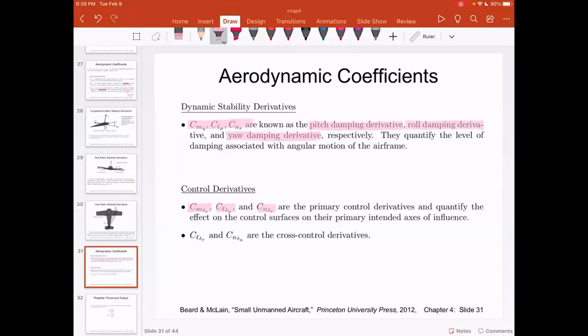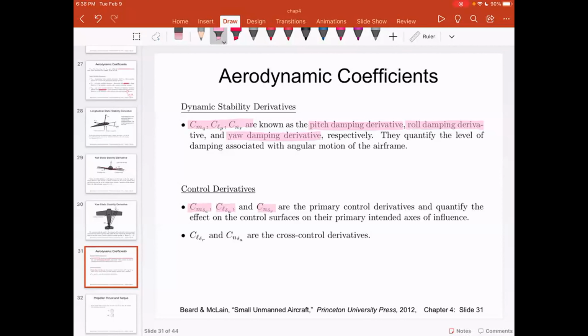L is the moment about the roll axis, and N is the moment about yaw axis. So these primary control derivatives are nothing but the derivatives with respect to the primary control surface. So for an example, pitching moment Cm is controlled with respect to delta E. That's why it is the primary control surface.